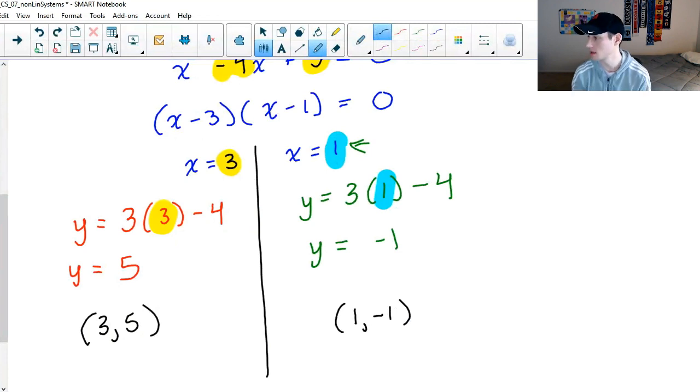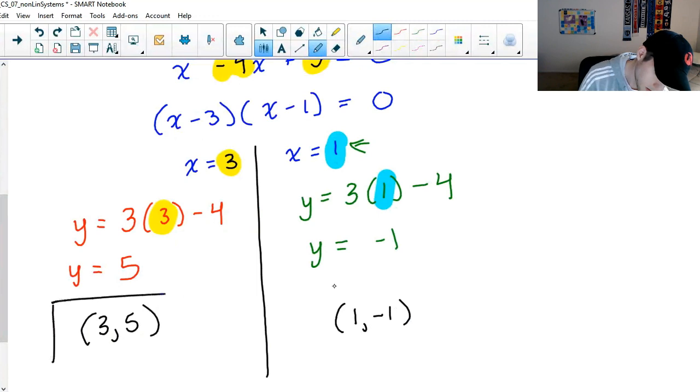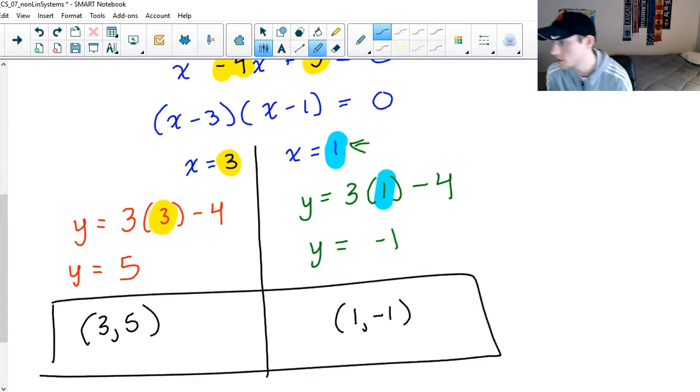Okay, so I have to plug in both x values separately to whatever the equation is. And these are my 2 answers. So this is a problem where I get 2 solutions.